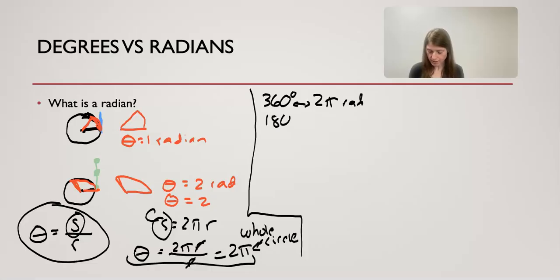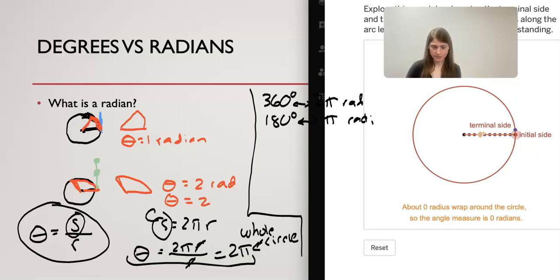If we had 180 degrees, that's like pi radians. And I want you to also start to think about, instead of writing 2 pi, we can also start to think about the radian wraps in terms of decimals. So let me show you an illustration, and then we'll come back to those decimal ideas.